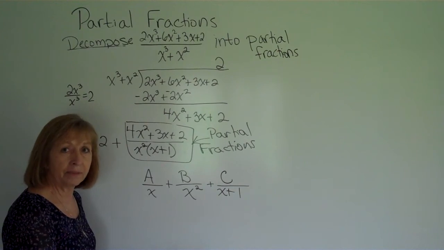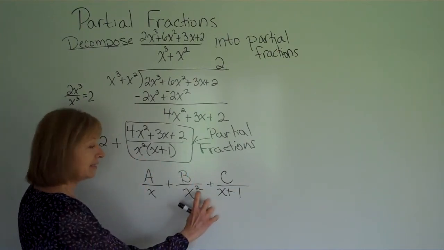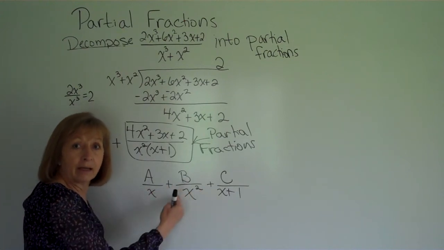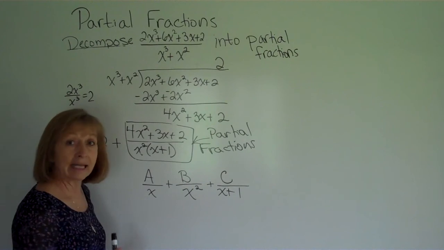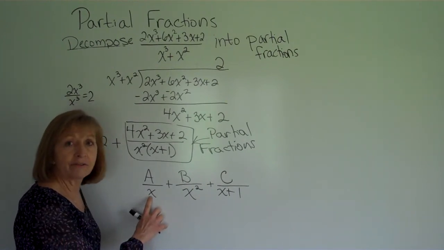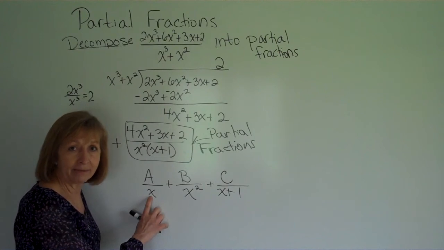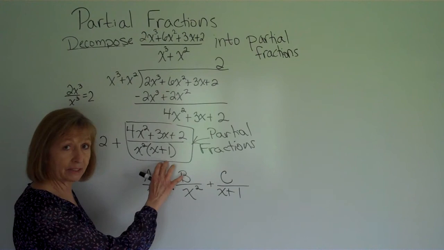I don't need a bx plus c right up here because this power on the x came from running up a linear factor to a higher power. Now we're going to build and get common denominators. This first fraction has a denominator of x. The lowest common denominator is x squared times x plus 1.